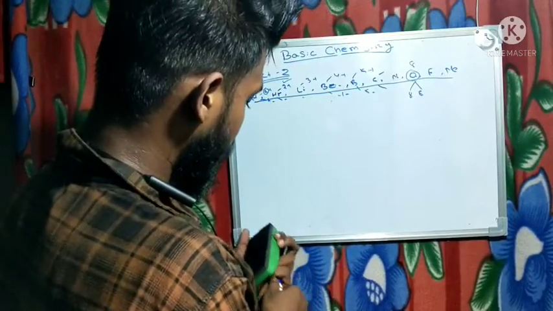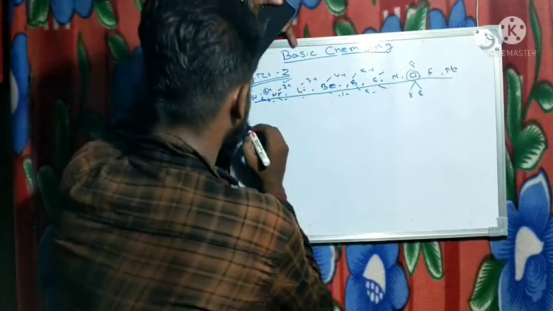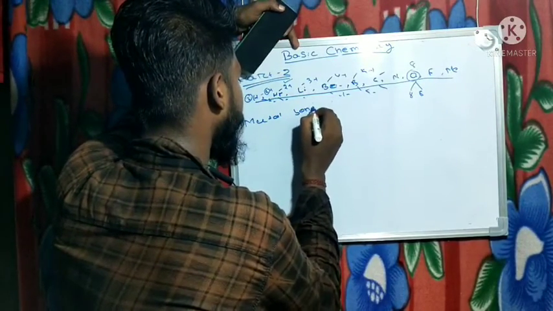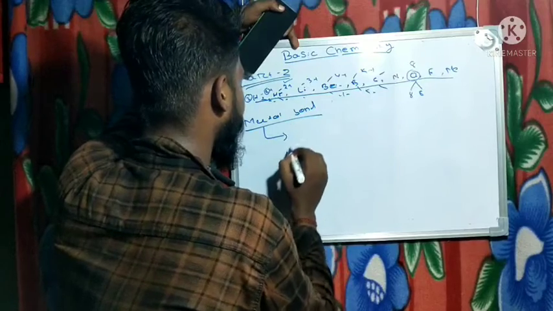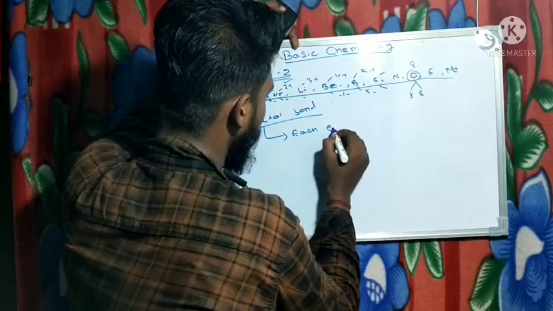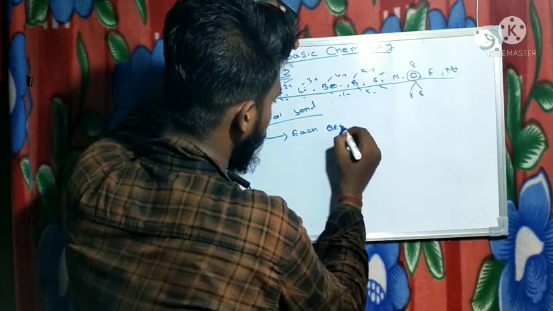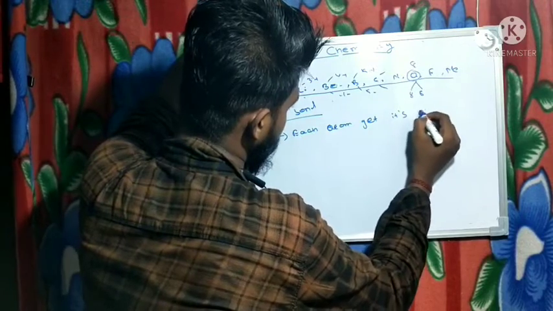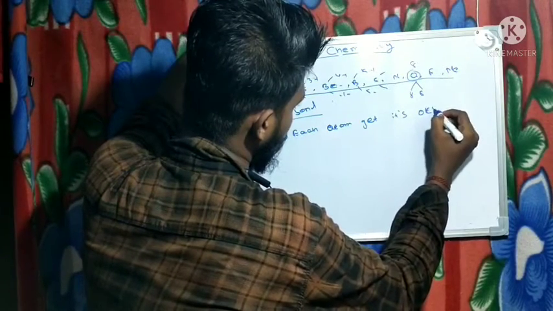Mutual bond means that by that bonding each atom gets its octet state. How?